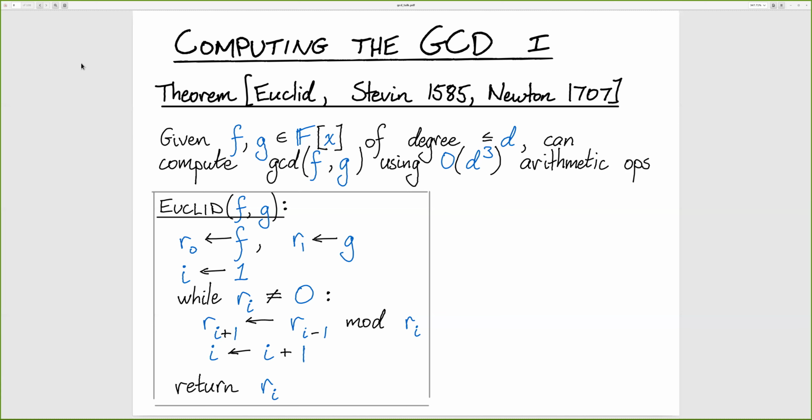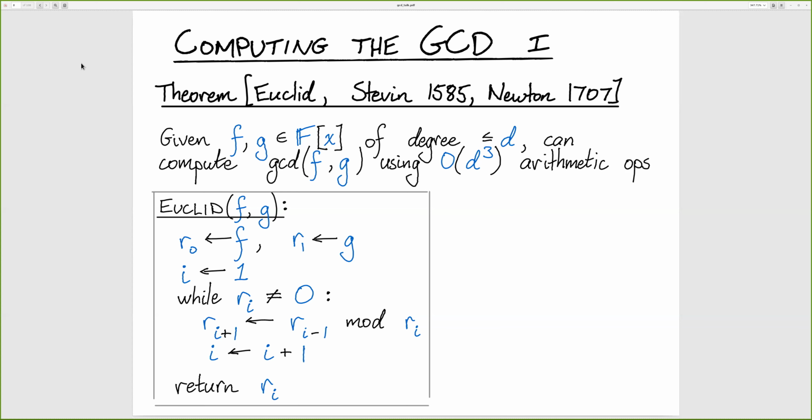Every time you do this, the degree of your polynomials goes down. So this will terminate after at most d loops. And each division with remainder, you can implement, say, in a quadratic number of arithmetic operations. You can be smarter about how you do this, and get something like each division with remainder in quasi-linear time.